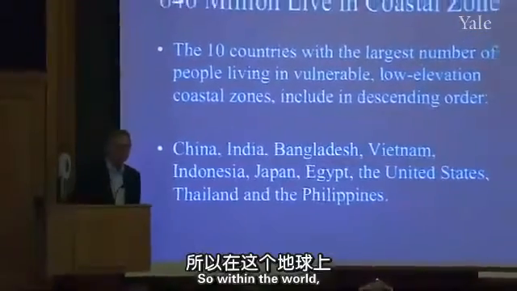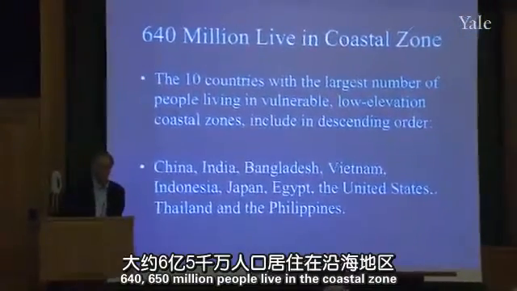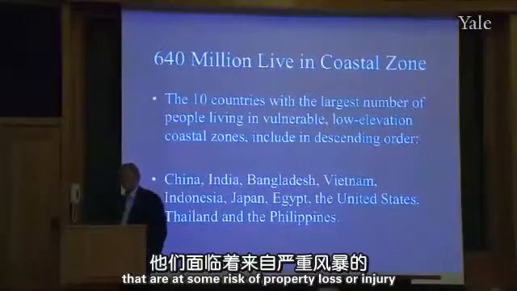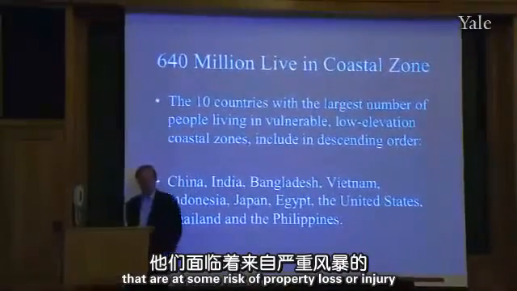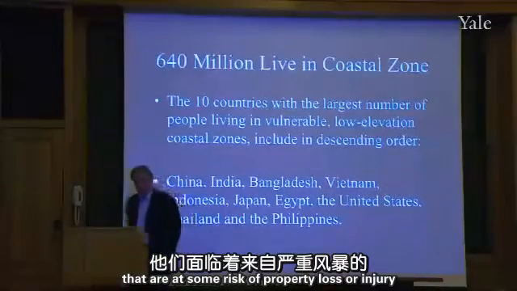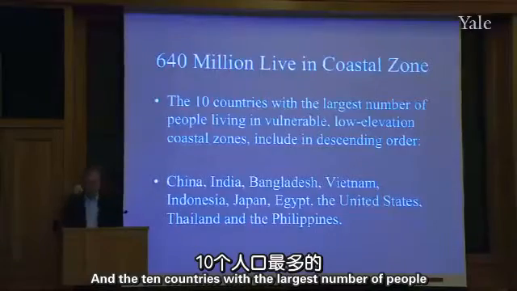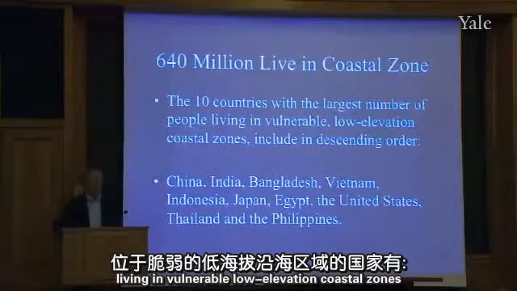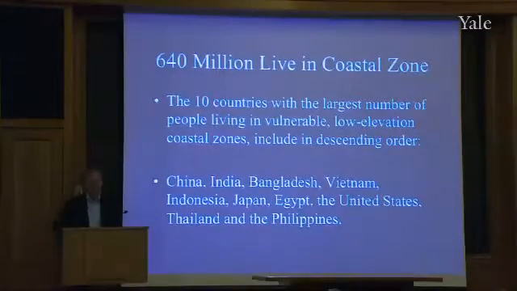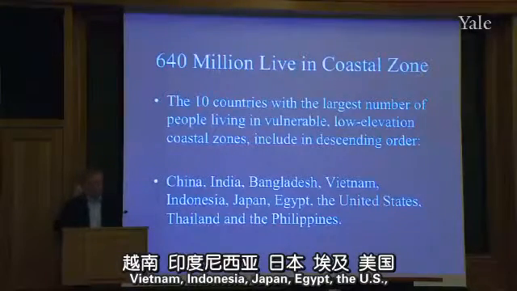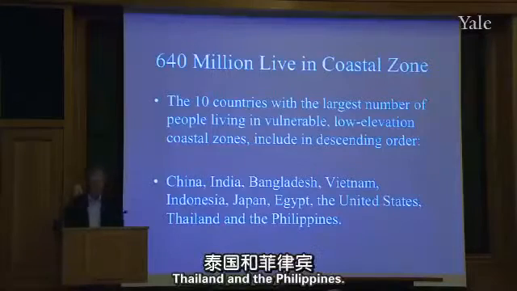So within the world, 650 million people live in the coastal zone that are at some risk of property loss or injury from intense storms. And the 10 countries with the largest number of people living in vulnerable low elevation coastal zones include China, India, Bangladesh, Vietnam, Indonesia, Japan, Egypt, the US, Thailand, and the Philippines.